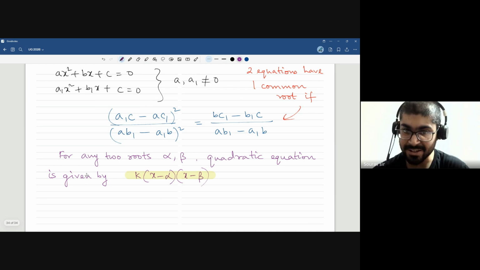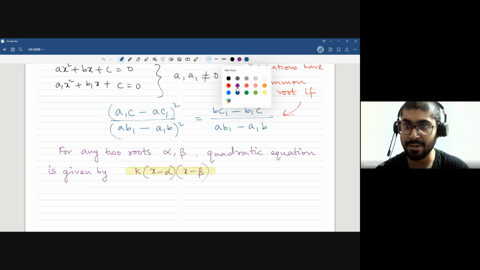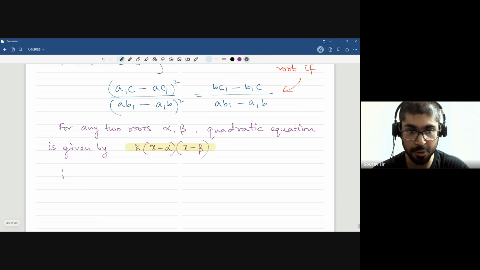So if this is the case, then k is a constant, right? Changing the value of k would not change the solutions of the quadratic equation. So for different values of proportion, you will get different equations, but the same roots in all cases. So both roots are common.